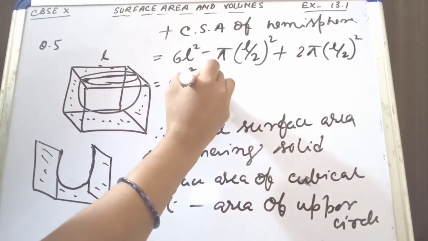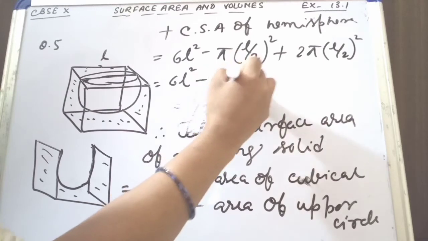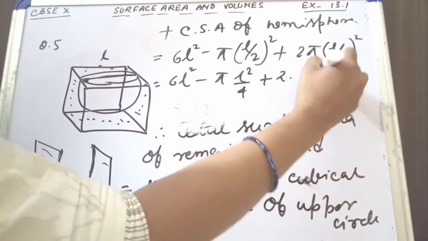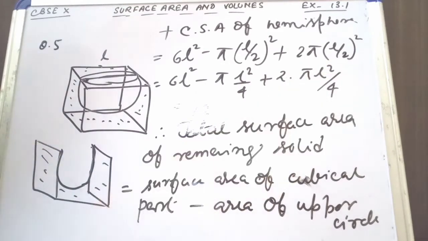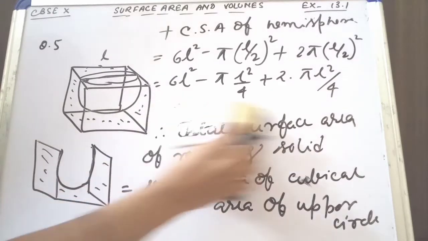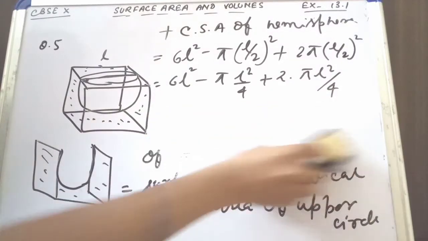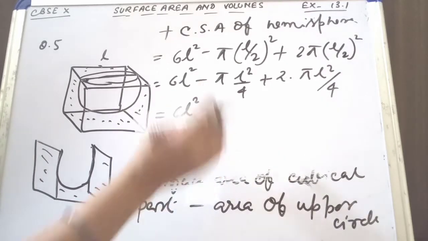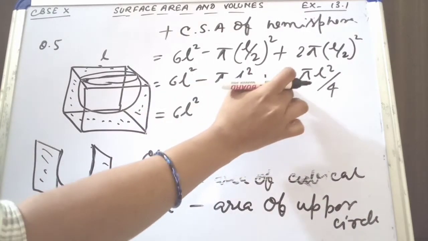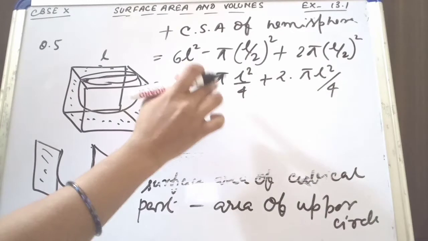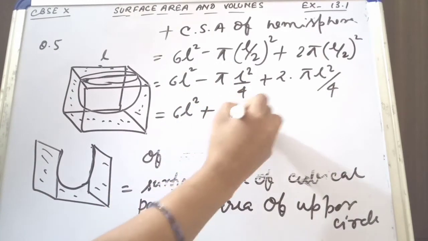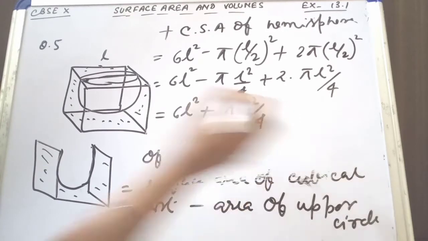That means 6L square minus pi L square by 4 plus 2 into pi L square by 4, is equal to 6L square plus 2 pi L square by 4 minus pi L square by 4. That means 1 pi L square by 4.